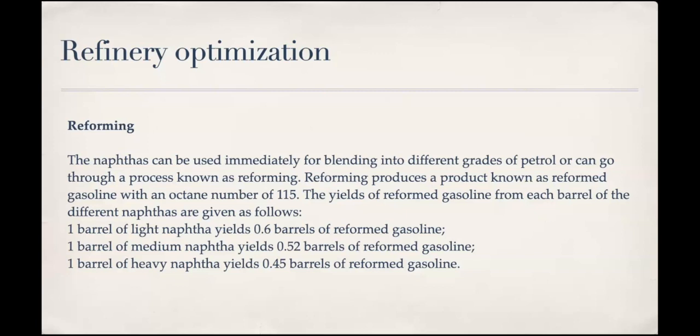And if we send medium naphtha, okay, we yield 0.52 barrels of reformed gasoline. And 1 barrel of heavy naphtha yields 0.45 barrels of reformed gasoline, okay? Is it clear to you? Yeah, I hope you can follow, right?